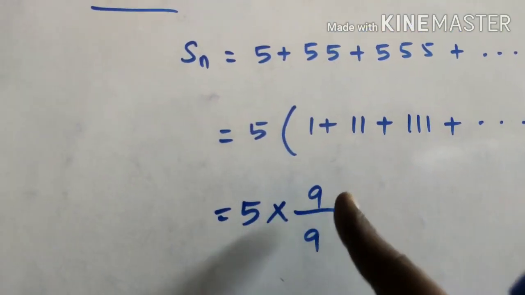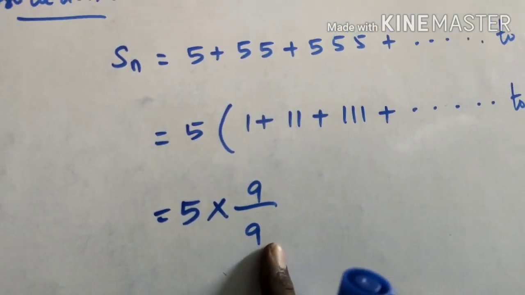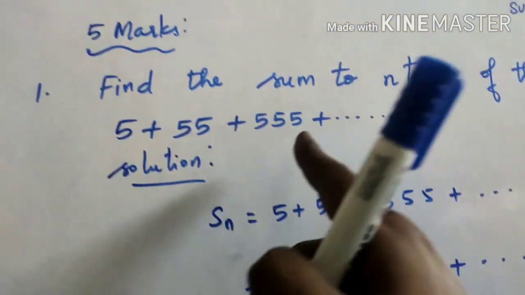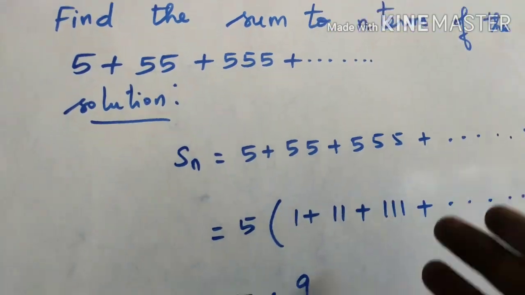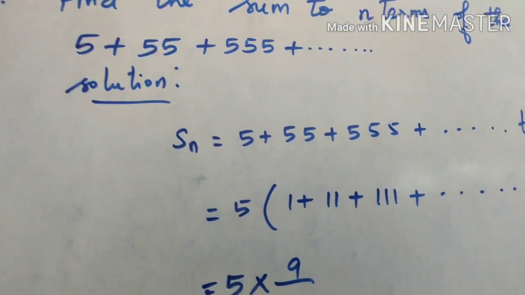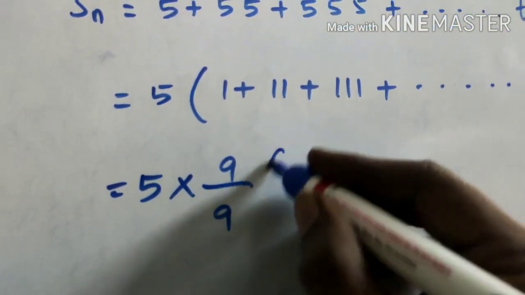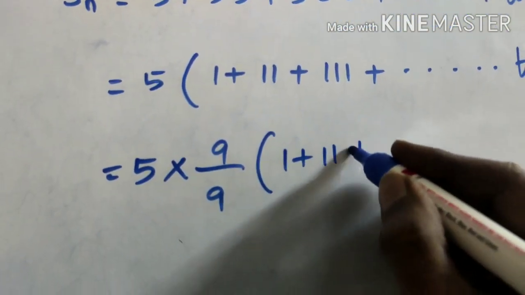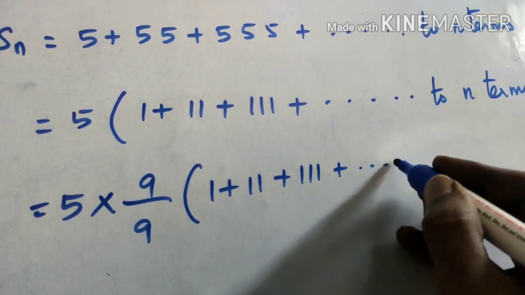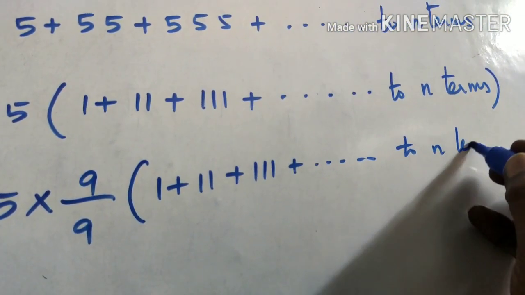I am going to multiply and divide by 9. Okay, my target is to bring a GP from this given series. Okay, then only we can use the formula. Okay, so see here. Just write the number inside as it is, to n terms.